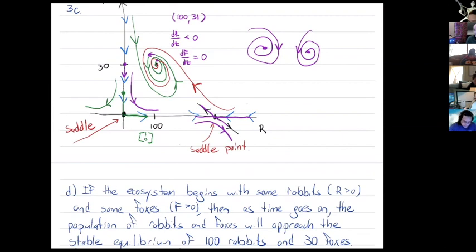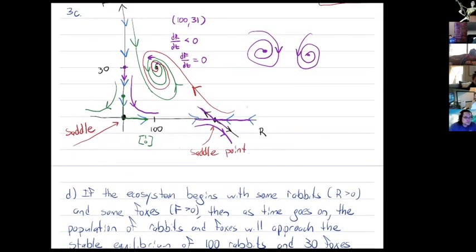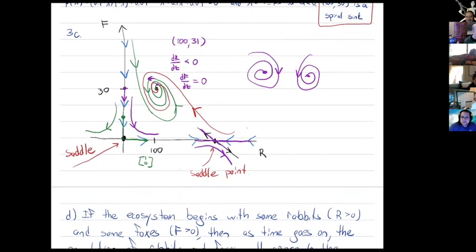So if we have some positive amount of rabbits and some positive amount of foxes, as time goes on, we're going to approach 100 rabbits and 30 foxes. But if you happen to be in one of these special situations where, for example, you start off with some foxes but no rabbits, that's a special situation. Or if you start off with rabbits but no foxes, that's another special situation.